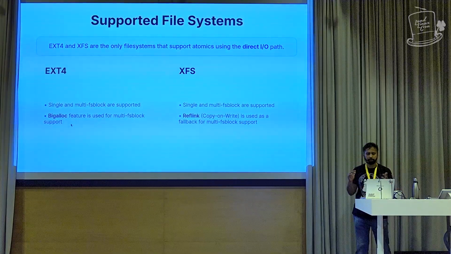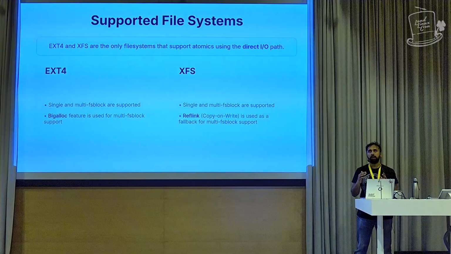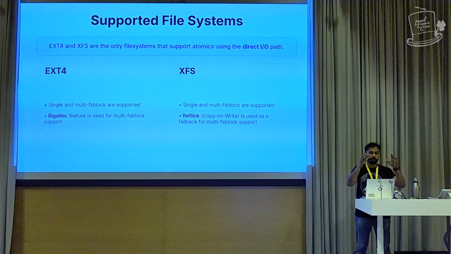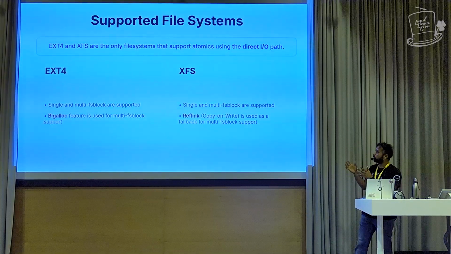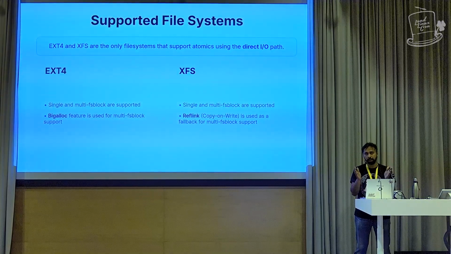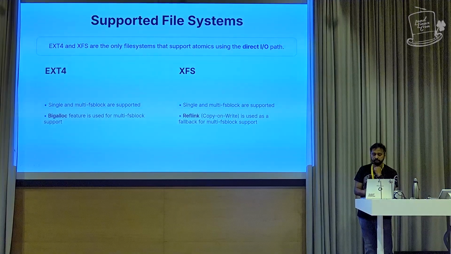If you enable big alloc, instead of having a file system block, you can set a cluster, so it considers a cluster as a block. You can think of it as reducing the metadata overhead, but ext4 uses this feature to layer the atomic support on top. Of course, XFS does it differently.